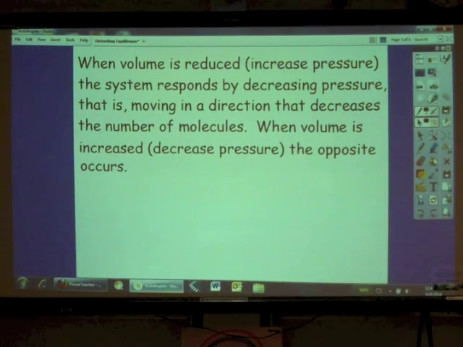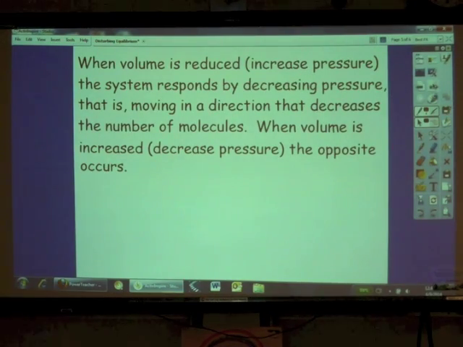So the system is going to respond by decreasing the pressure, and that is moving in a direction that decreases the total number of molecules in the reaction mixture. When the volume is increased, that means we are decreasing the pressure, and the opposite is going to occur.